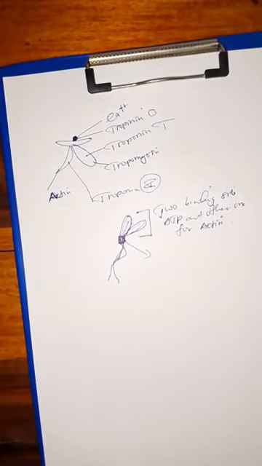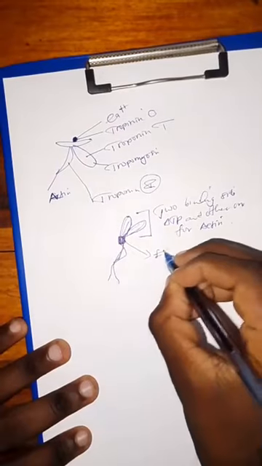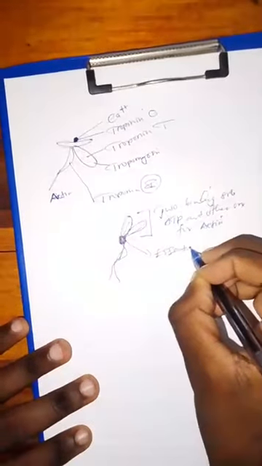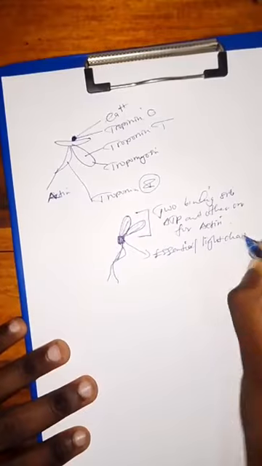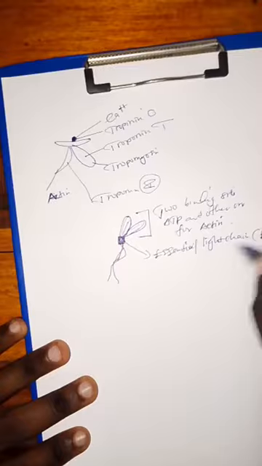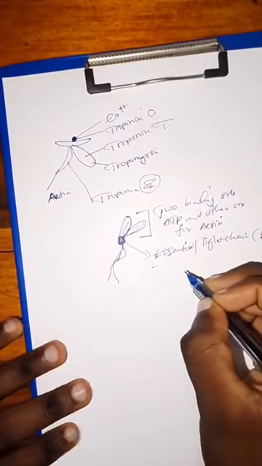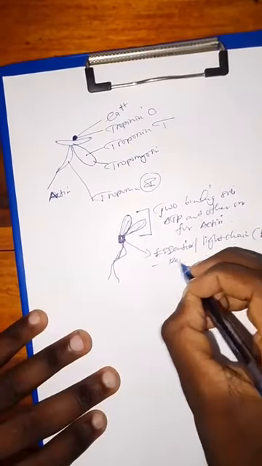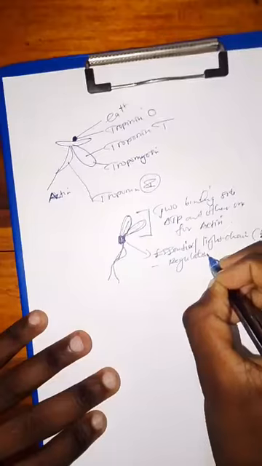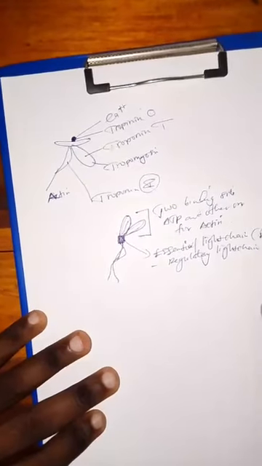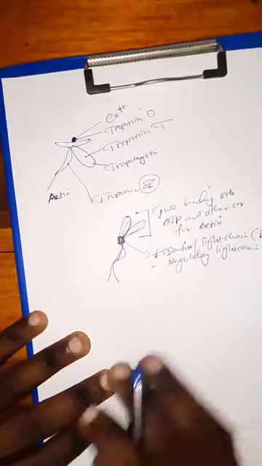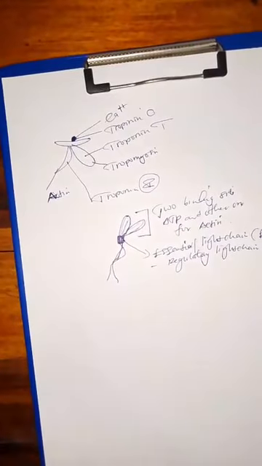Now, the neck. What are you going to find in the neck? The neck has the essential light chain, the ELC. There's also the regulatory light chain, the RLC. These chains are the ones which stabilize the arm.